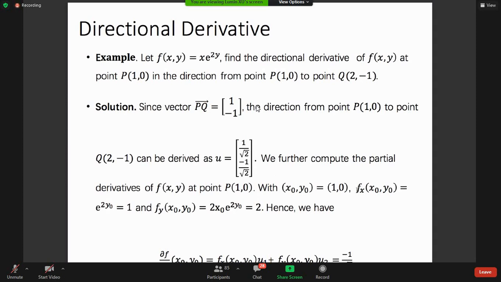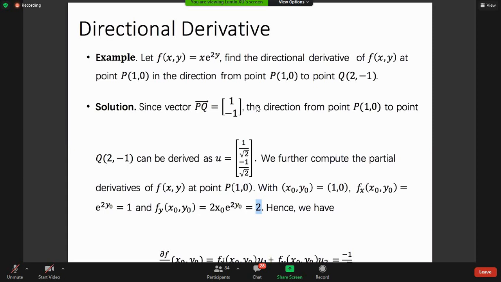So first we calculate partial f, partial x, and it's very easy, right? So it should be like that. And in fact, for the particular point P, it should be equal to 1, right? So again, we do it for partial f, partial y. And for this point, it should be 2. Good.